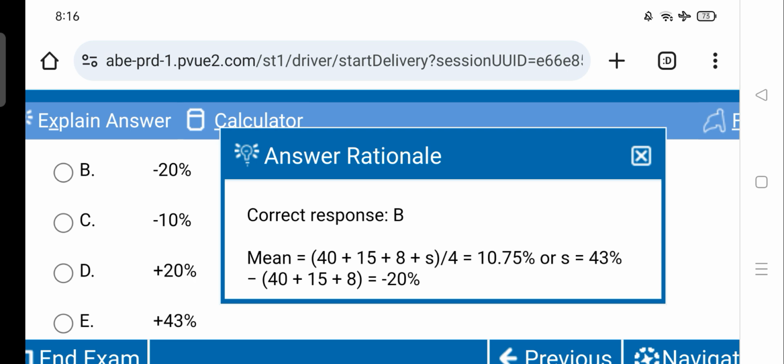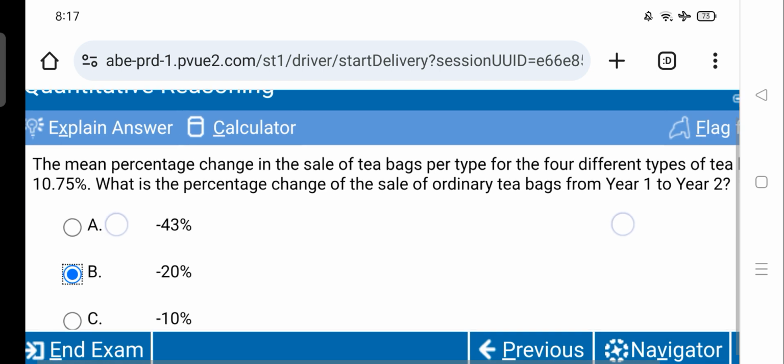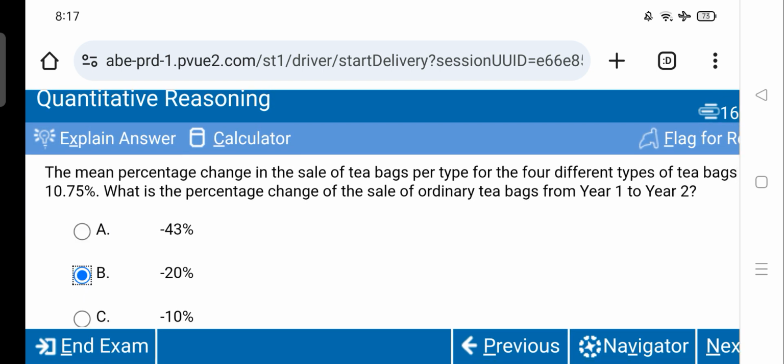So that's how we have the correct option, option B, which is minus 20%. So minus 20% is the percentage change of the sale of ordinary tea bags from year 1 to year 2.